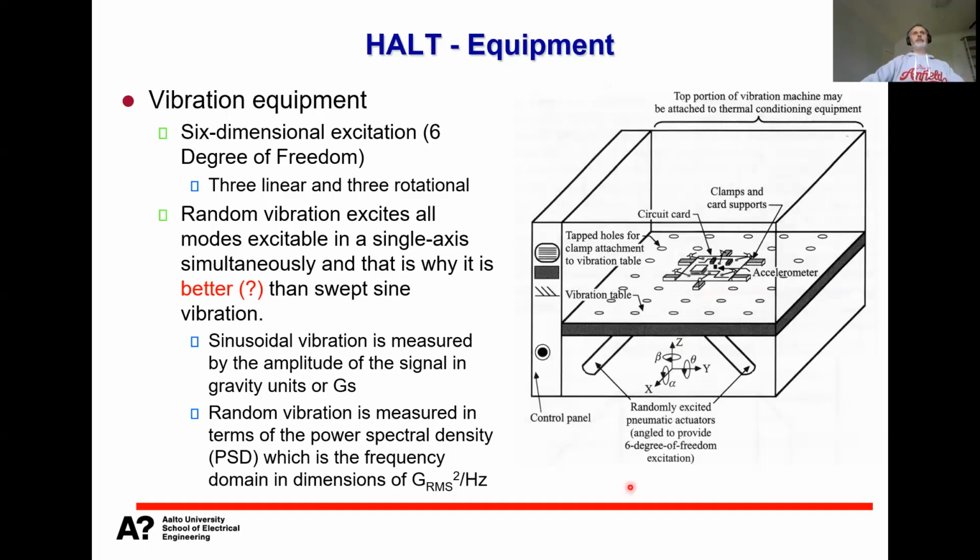The other advantage is that with this kind of, let's say, electromagnetic shaker, for example, you can easily control your vibration. So for example, having a sinusoidal vibration load, where you can really just, based on the sinusoidal wave, take the second derivative, and then you get the G values.